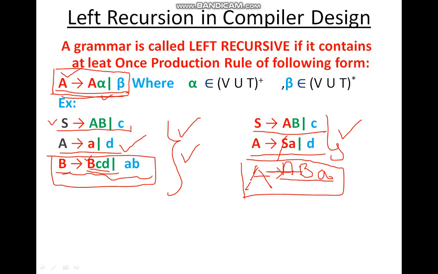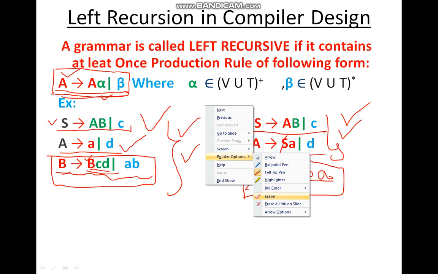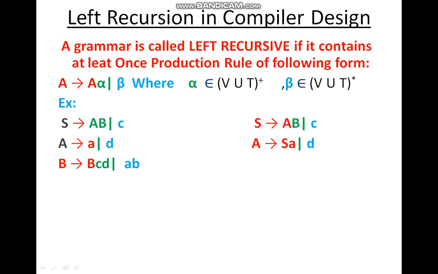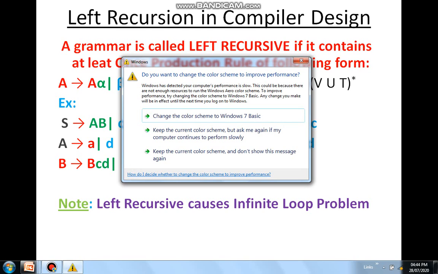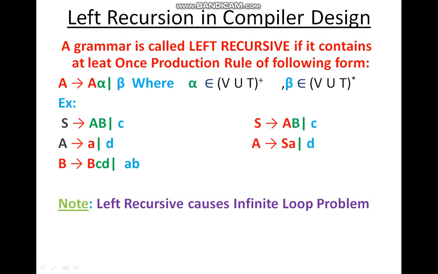So this is direct left recursion, and this is an example of indirect left recursion. Actually, this left recursive grammar causes the problem of an infinite loop in a recursive descent parser. We will see this problem in detail in the parsing topic. As of now, left recursive grammar causes an infinite loop problem in recursive descent parsing.